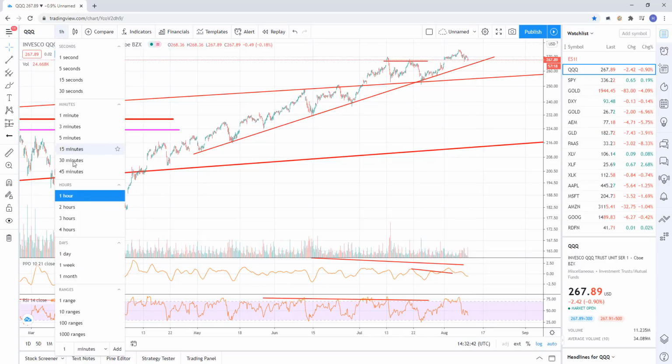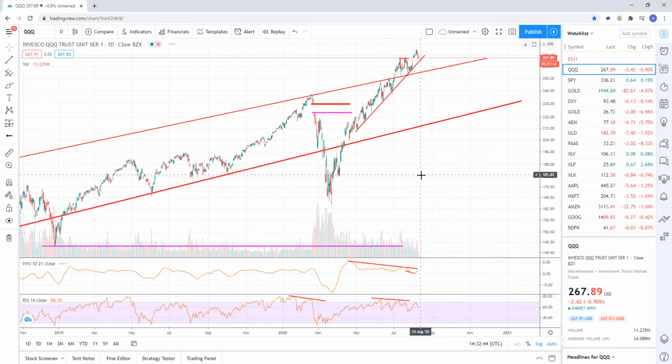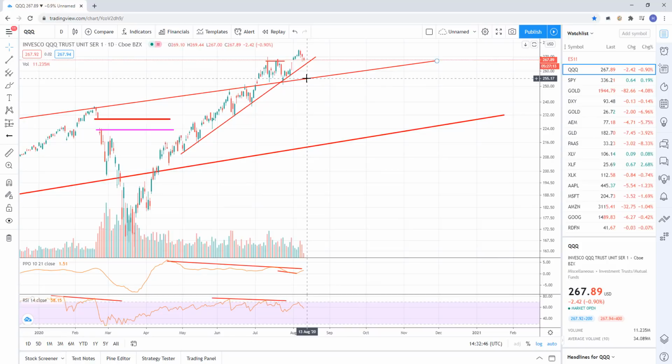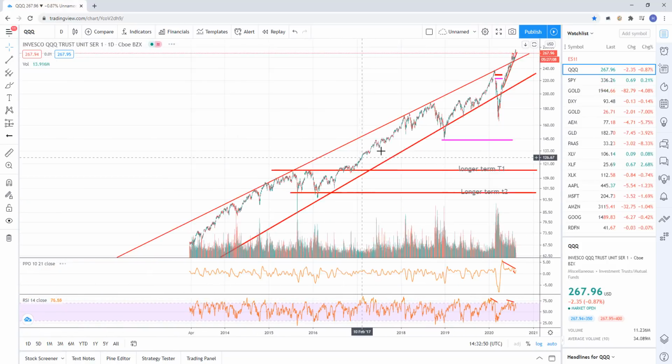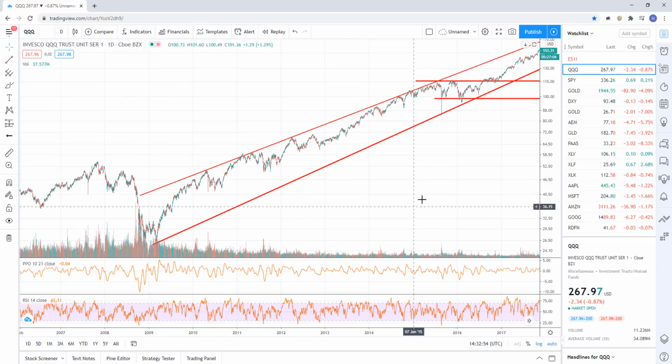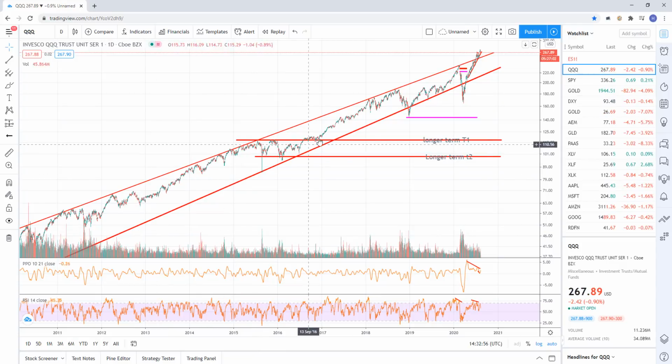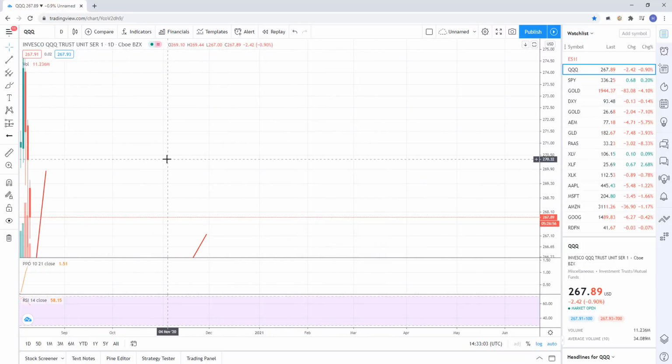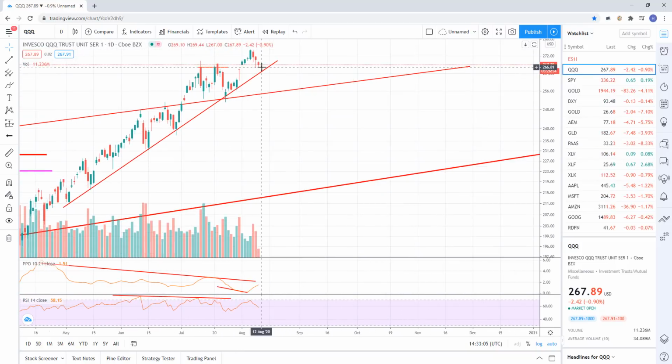If we get that, then we'll look on the daily chart on Q's, and if we recover down here, this lower trend line, which is going back to your bull market. Here's your decade-long bull market going all the way back to 2009. We've got a price channel that Q's has been in the entire time. And as I zoom in, if we break this trend line here, then I look for a recapture of that trend line.